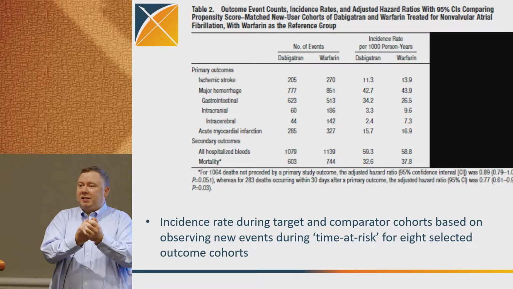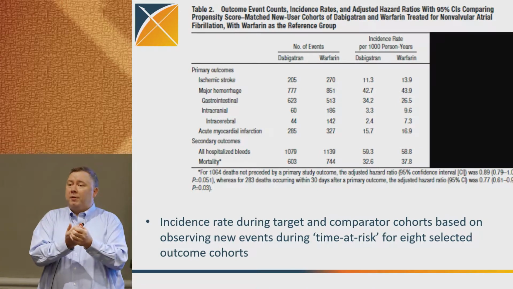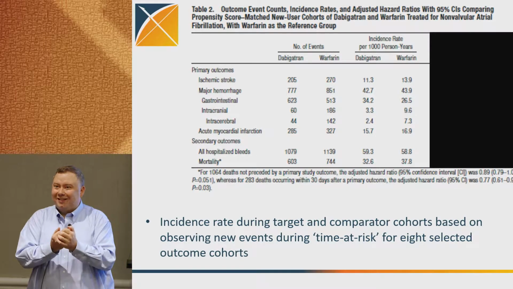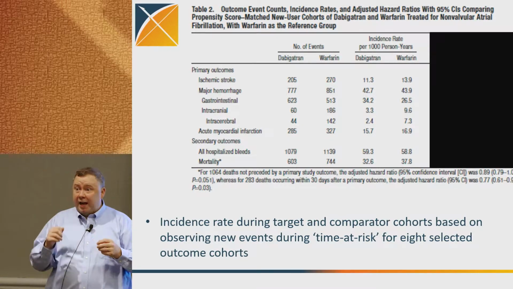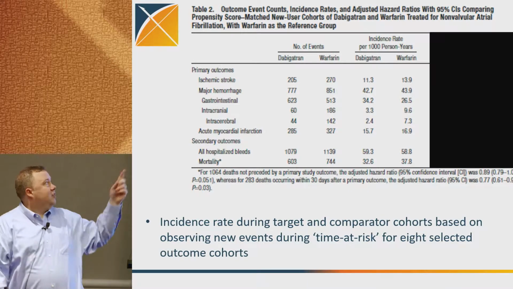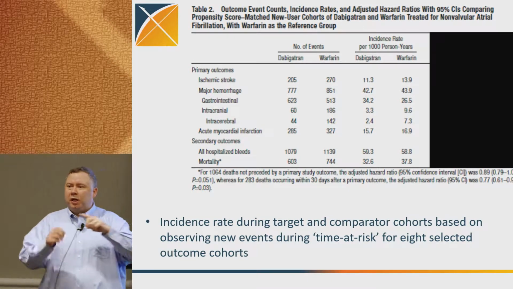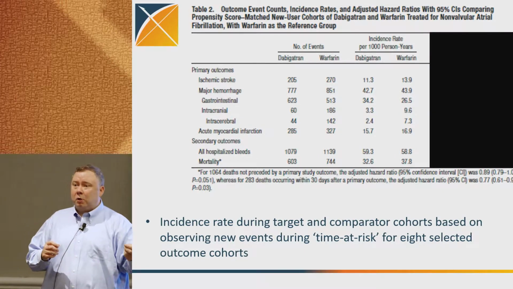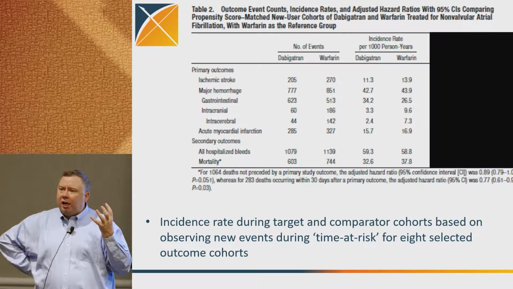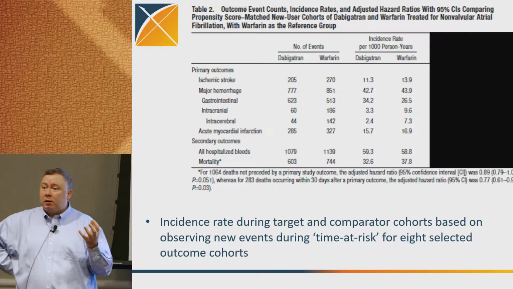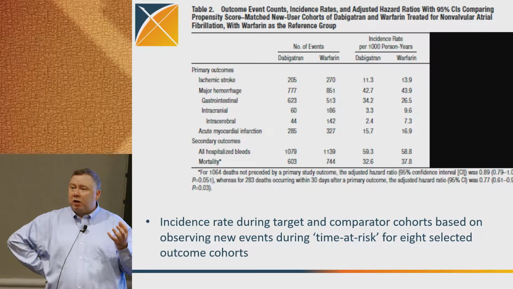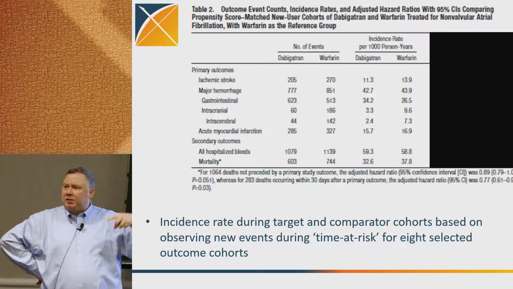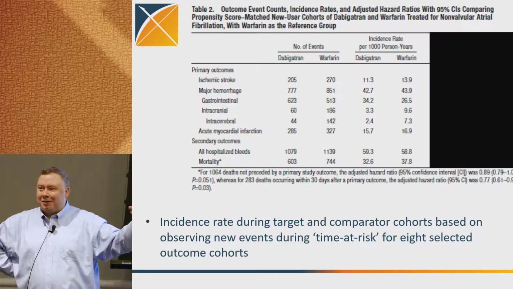And once you actually sit down and define those elements, what you in fact have done is defined a cohort. And the power of this is that instead of only examining the people on dabigatran and looking forward for the subset of those people who had ischemic stroke, if we could define a cohort for ischemic stroke, now I could use that cohort not just for this one study of dabigatran, but for any study I'm ever going to do on ischemic stroke.